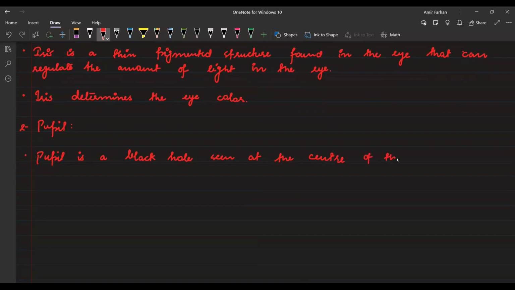You must have seen that there is a black hole in the colored part of the eye. It regulates the amount of light entering the eye, and permits light towards the retina.